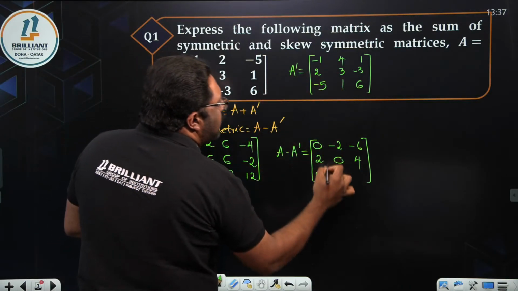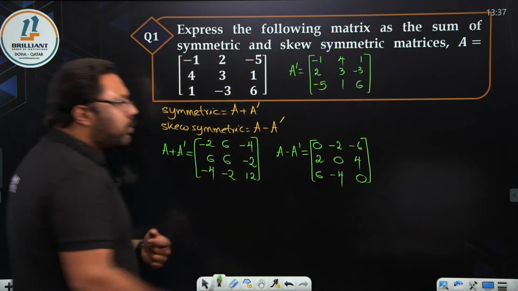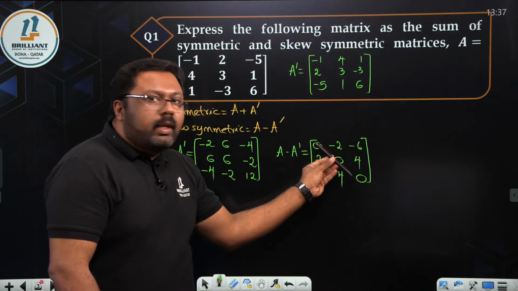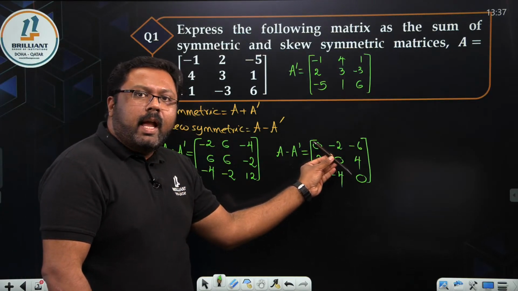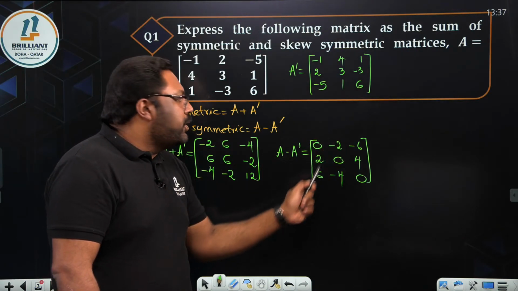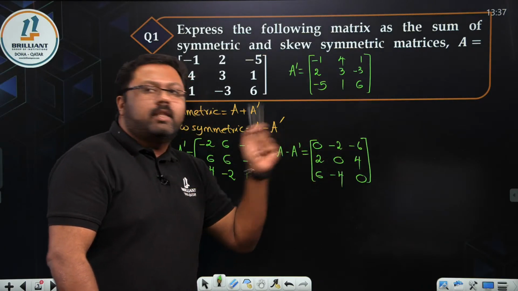Minus 3 minus 1, minus 4. 6 minus 6, 0. Now how to verify whether it is skew symmetric? Again, the diagonal should be zeros and the elements above and below the diagonal should be of opposite signs. Minus 2, 2. Minus 6, 6. 4, minus 4.